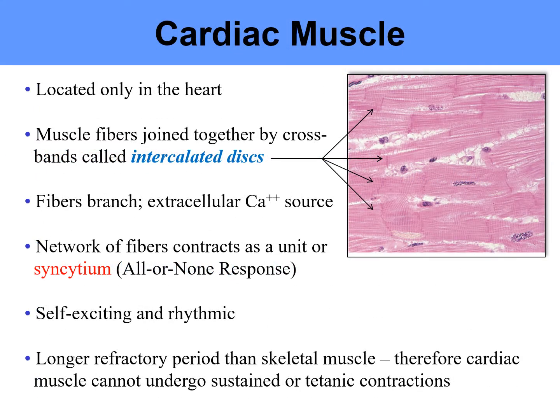And so now we wrap up the muscular system by talking a little bit about cardiac muscle, which you know is only found in the heart. And this photograph that you see on the slide, you've also viewed in lab a couple weeks ago when we did tissues, if you recall. We talked about these structures called intercalated discs, which is where two cardiac muscle fibers come together, where they sort of meet.